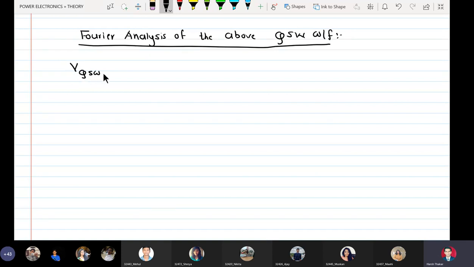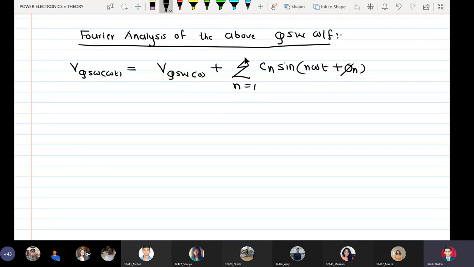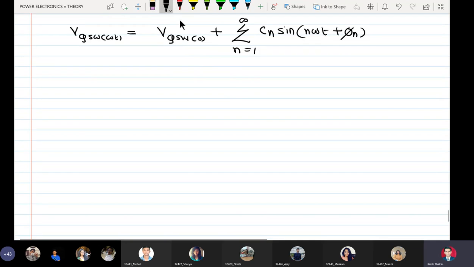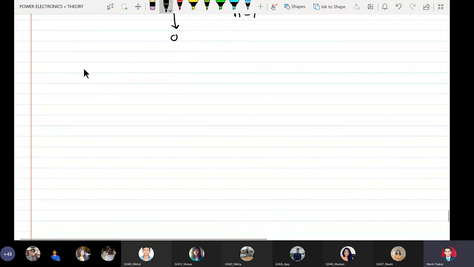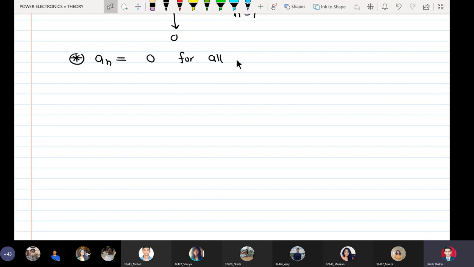V Cauchy square wave of omega t is equal to V Cauchy square wave 0, indicating the DC component, plus summation of Cn sine of n omega t plus phi n, where n goes from 1 to infinity. And as the waveform is symmetric about the x-axis over one cycle, it is equal to 0. So I have an, which comes out to be 0 for all values of n.